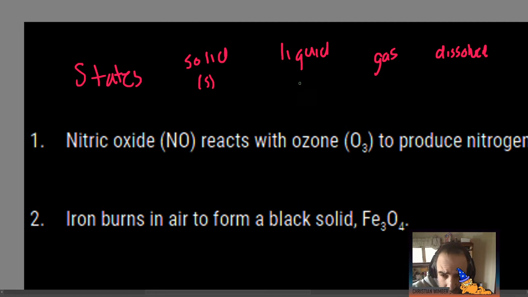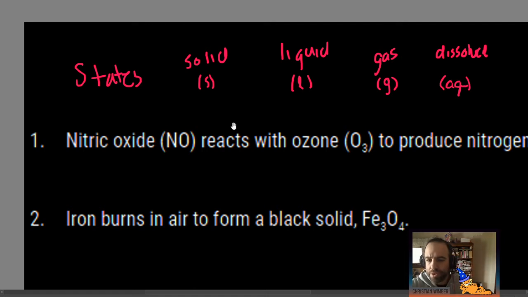If something's a liquid, you put a little L in parentheses. Traditionally, that is a cursive L for whatever reason. Gas, little g. And here's the new one. It freaks people out, but the Latin word we use for this is called aqueous. So something dissolved in water, we say that it's aqueous. Aqueous has the symbol AQ. So this AQ tells people, oh yeah, this thing is dissolved in water.